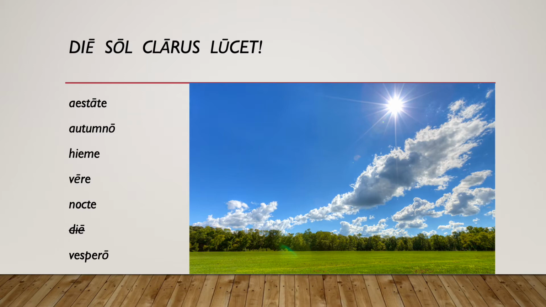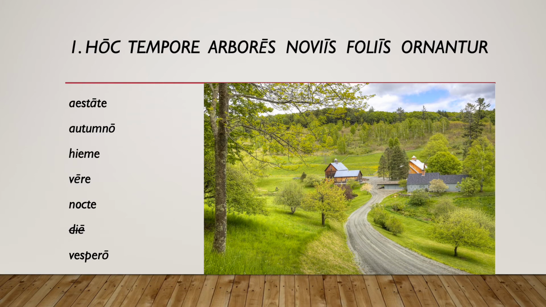Okay, you ready for our first question? Here we go. Hoc tempora arbores noviis foliis ornantur. Use the sentence and the picture to determine when this action takes place. And remember, no answer choice from the answer bank will be repeated, and no answers will be given until we're done with the entire exercise.